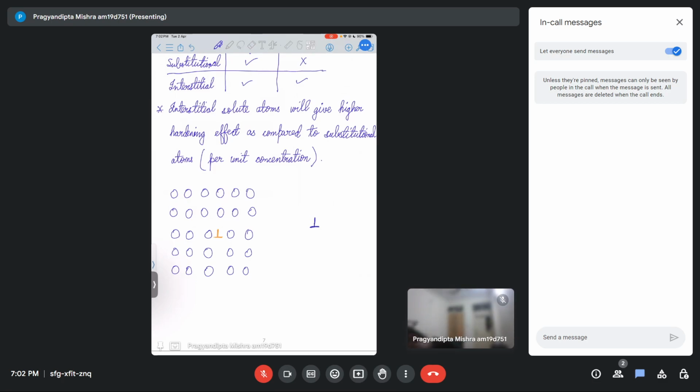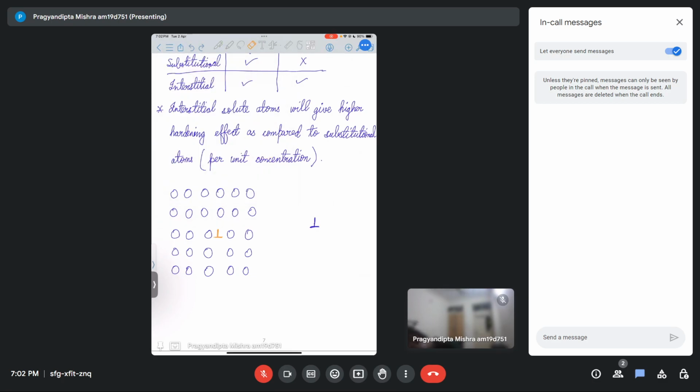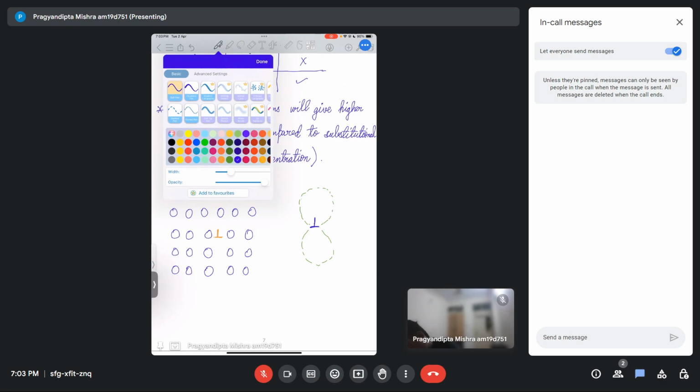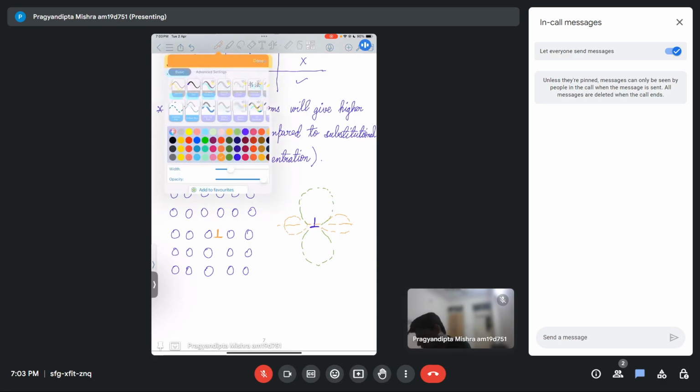On top, there are more atoms. So let's see, around the dislocation, I'm trying to draw the fields that we'll see. We'll be seeing this around this edge dislocation.